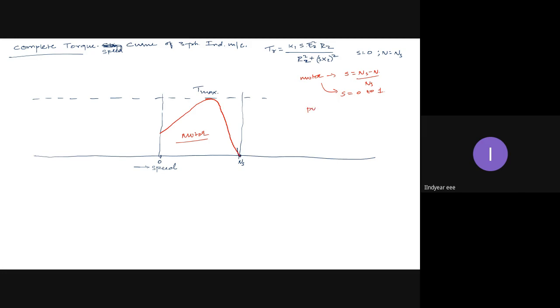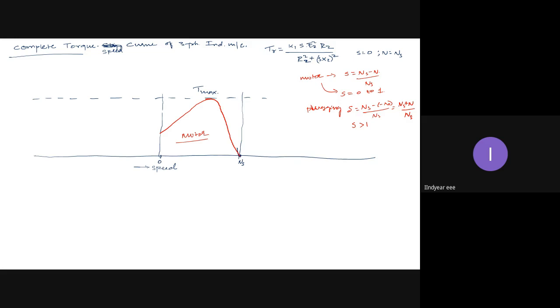When plugging is done, my slip is ns minus of minus n divided by ns, so my slip is greater than 1, because it is ns plus n divided by ns. When the motor starts rotating in the opposite direction, I can consider slip greater than 1. It will be more than 1.